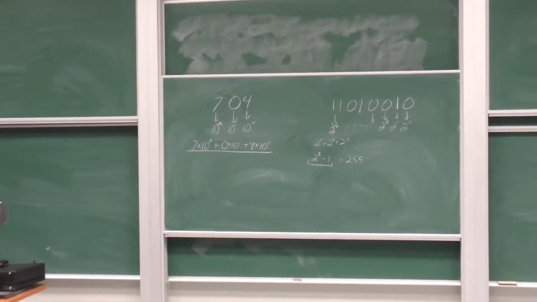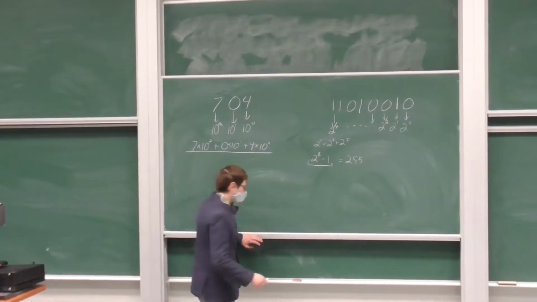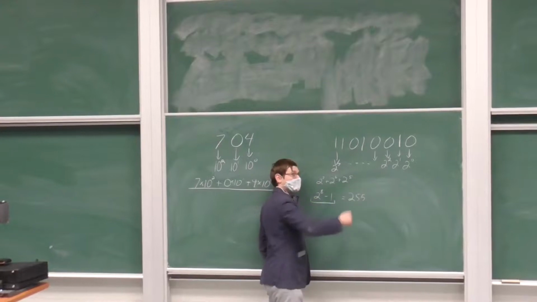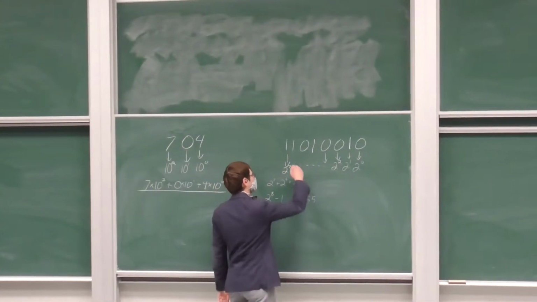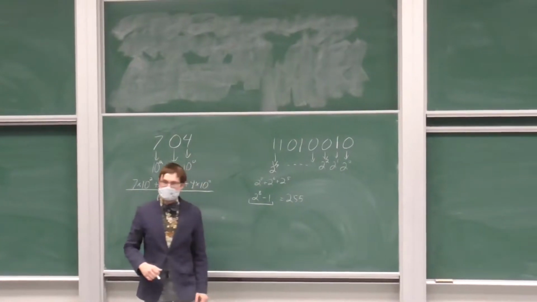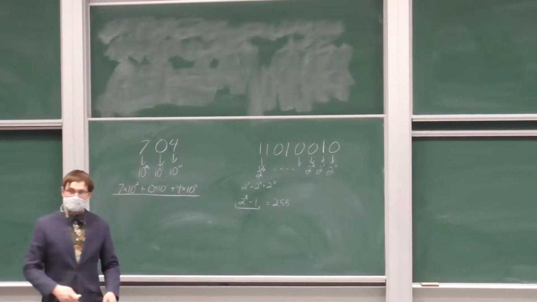Essentially, the way that you extract a decimal value from a binary number is, of course, you multiply each of these particular powers of 2 by either 1 or 0.